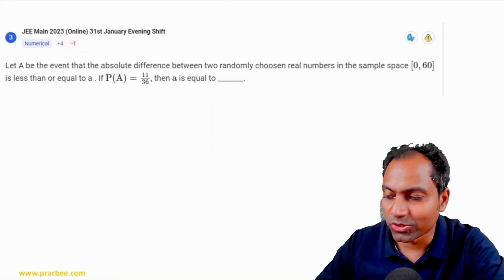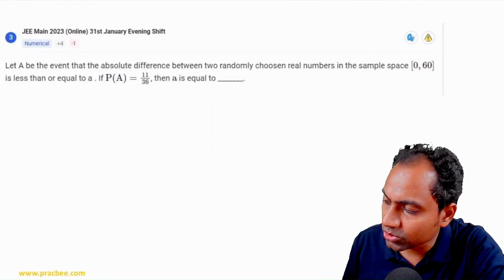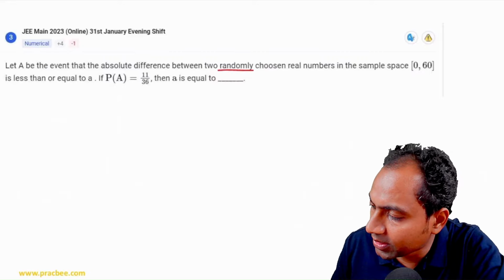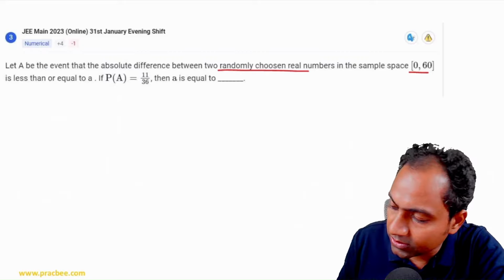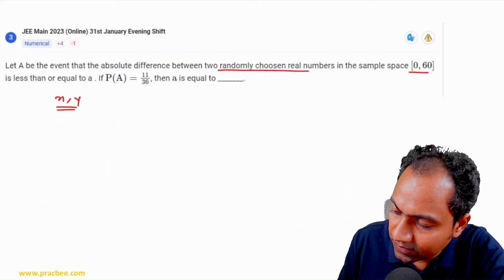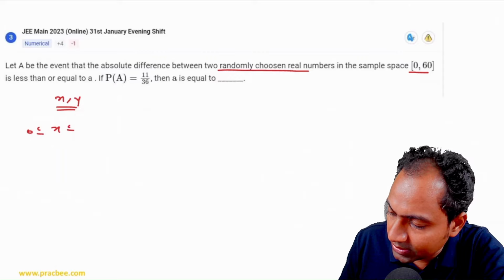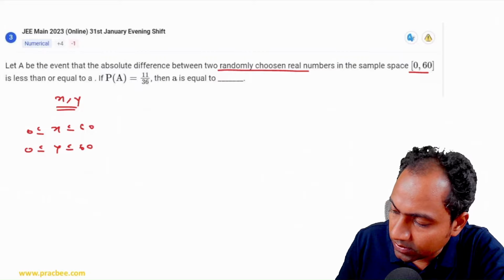If I look into this question that came in 2023, what the question says is, if I take two real numbers between 0 and 60, so let us say that both of those numbers are x and y. So what we have is x should also lie between 0 and 60 and y should also lie between 0 and 60.